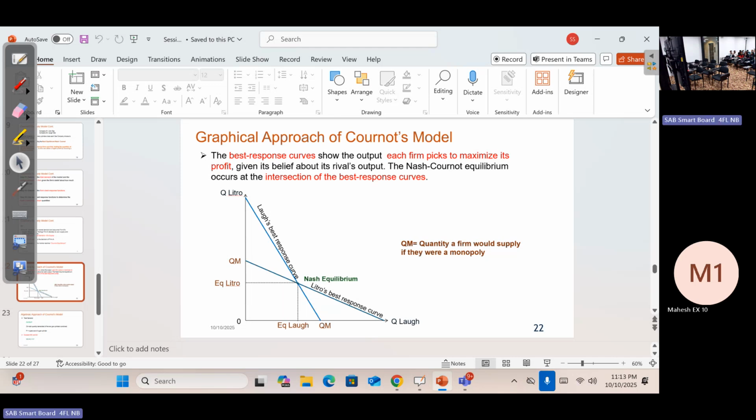Monopolistic competition, oligopoly, monopoly, monopolistic competition. In monopolistic competition, what is the firm you have selected? Salon. Not quick salon. How about you guys? Cable management.